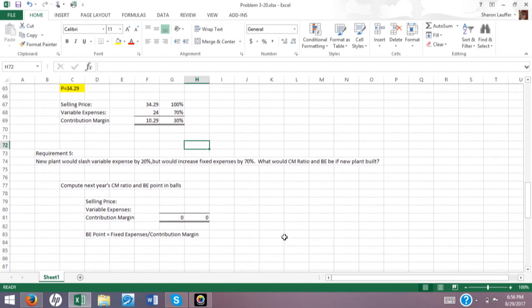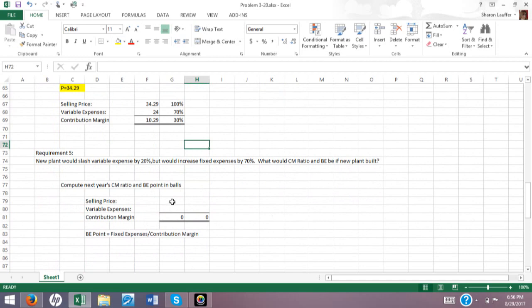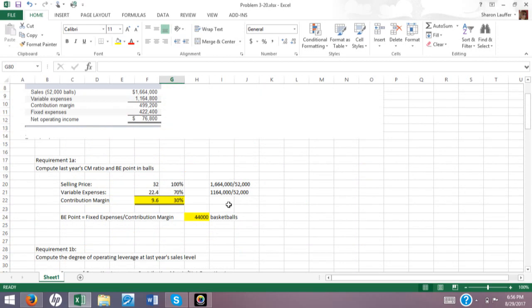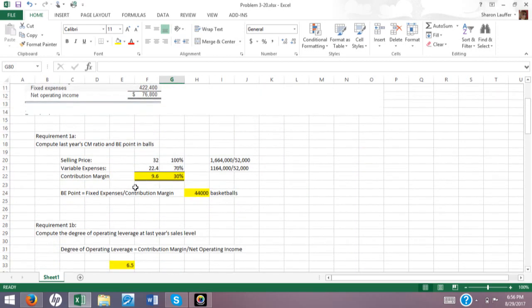All right, so I've got my little chart set up. It doesn't say that we're going to change the selling price, so our selling price is still $32. But it says decrease our variable expenses by 20%. So if we go all the way back up here, we've got variable expenses at $22.40.